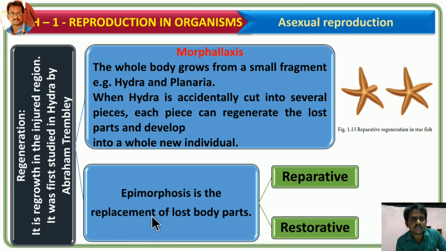What is epimorphosis? Epimorphosis is nothing but the process of replacement of lost body parts. There are two kinds of epimorphosis seen in organisms: one is reparative and the other is restorative. In reparative, only a certain damaged tissue can regenerate.